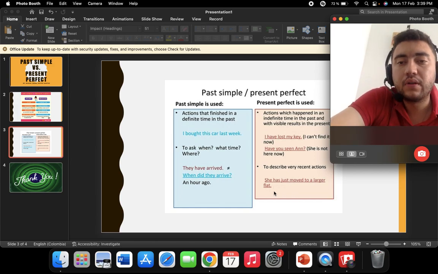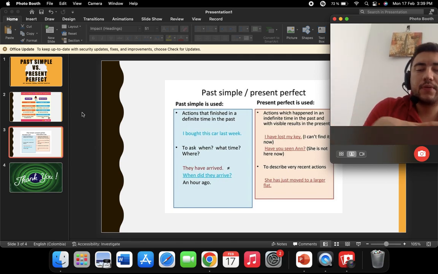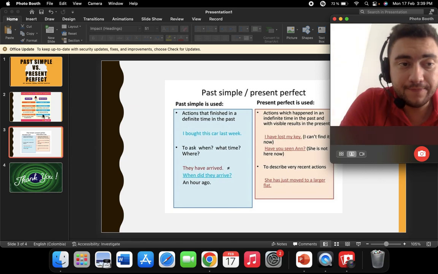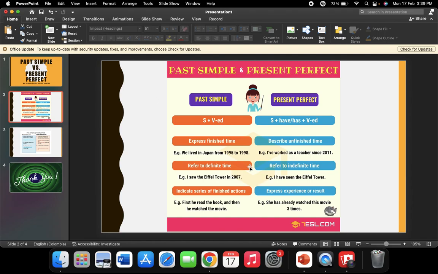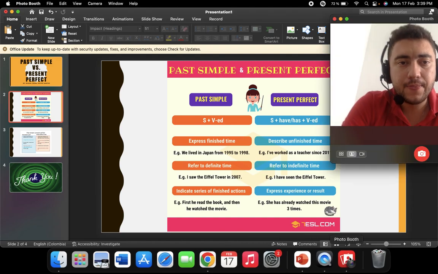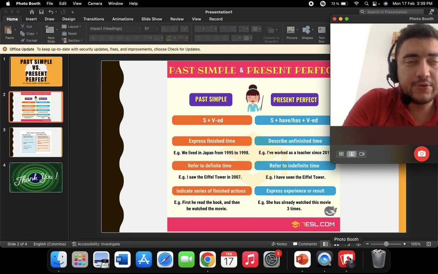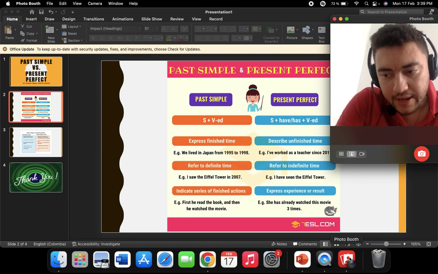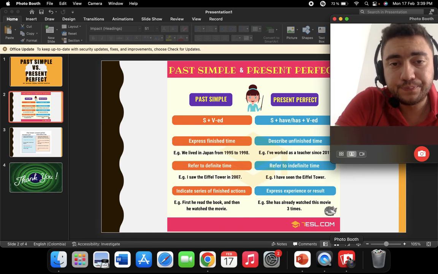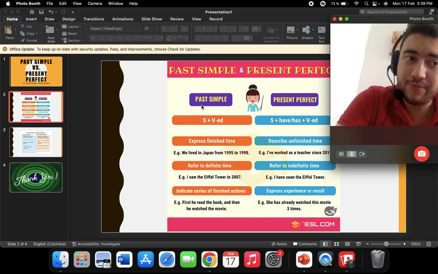Okay, well, now let's try to understand how the grammar works in these tenses. Past simple and present perfect.